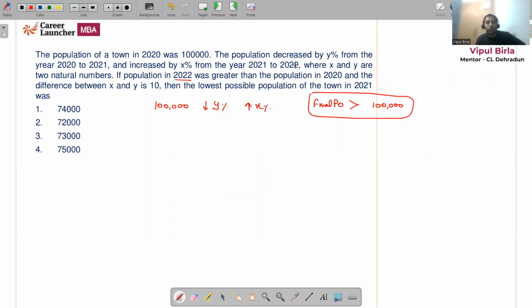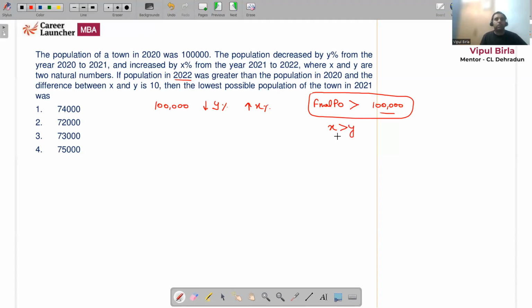The net change has to be some increase. They have also given that the difference between x and y is 10. The moment I say the decrease is y%, and then we need to increase from the decreased value by x% in order to make the value greater, hence I can straight away say x has to be greater than y.